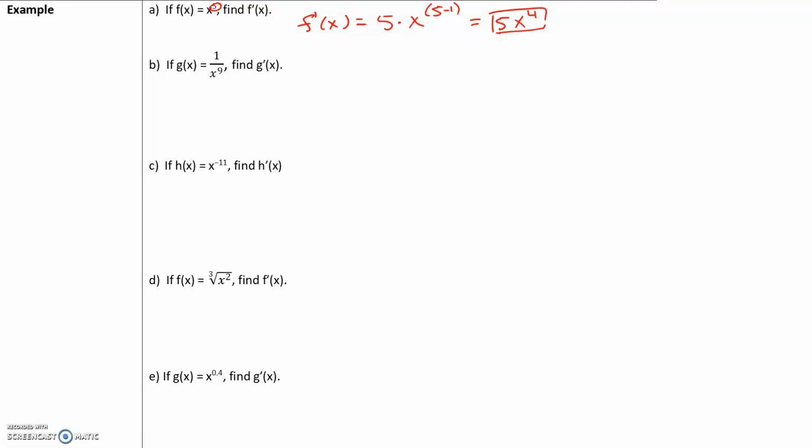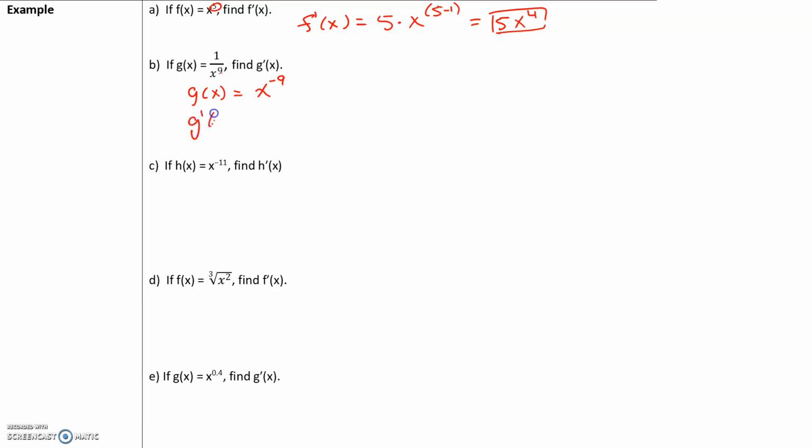Next, if g of x equals 1 over x to the ninth, find g prime of x. Now remember, our variable always needs to be in the numerator to begin with, so we're going to rewrite g of x. If we move the x to the ninth to the numerator, then we have to change the sign of the exponent from positive to negative. Anytime we switch from denominator to numerator or vice versa, we have to change the sign of the exponent. So when it goes to the numerator, it becomes x to the negative ninth.